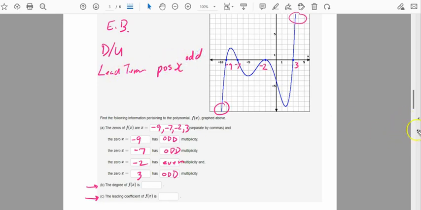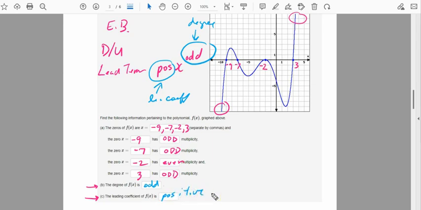And if you have the leading term, you automatically get the degree. So the degree is going to be an odd number. I don't know what it is exactly. And the leading coefficient is going to be a positive number. Okay, so that's how I would fill that one out.